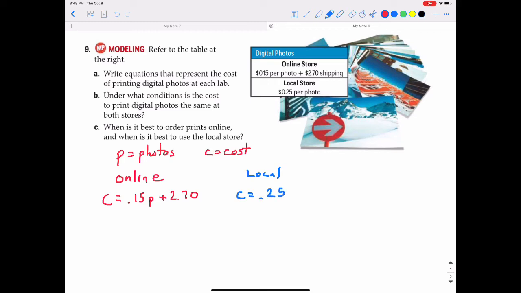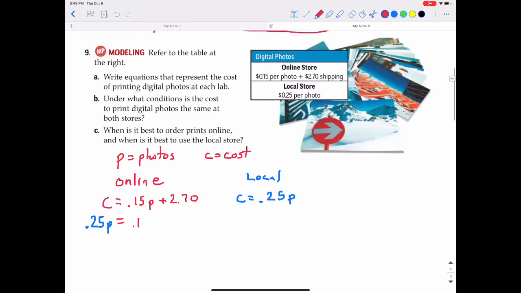So that would be 0.25 times P, and there's your system. Just like the last example, I think this would be best to solve using the substitution method. Since they're both solved for C, I'm going to replace the C in the red equation with 0.25p. So I would have 0.25p equals 0.15p plus 2.70.